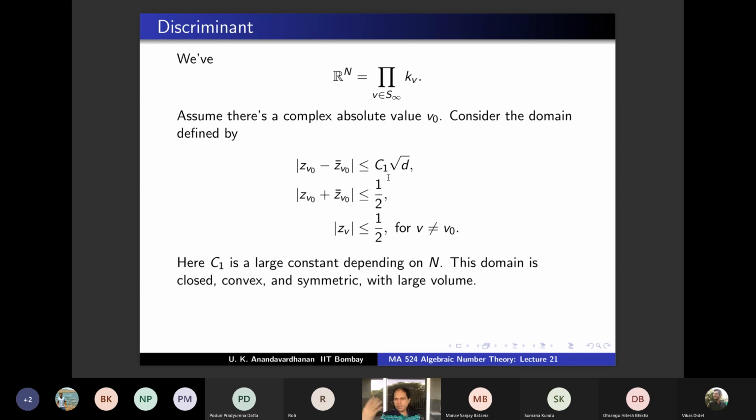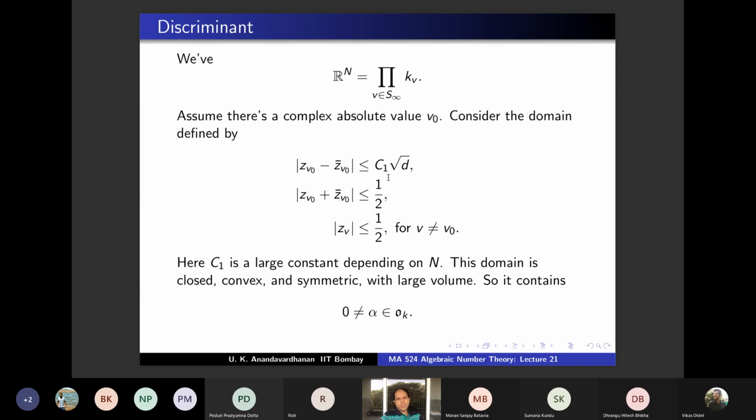And we know from that geometric result that if your domain is closed, convex, symmetric, and if the volume is large enough, then lattice points are guaranteed. Depending on the lattice, this volume should be at least 2^n times the volume of a fundamental domain of that lattice. And we are going to take the lattice to be O_K, the ring itself.